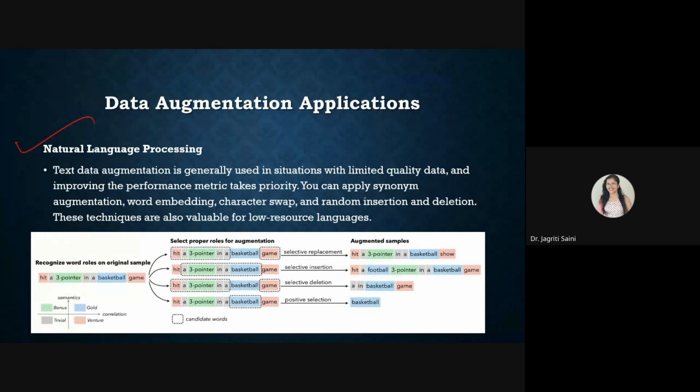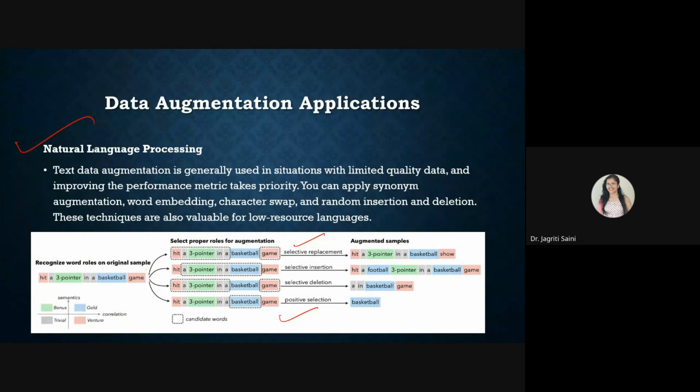It will not always be slicing, or we cannot always say that zoom, etc. will work. For images, those techniques are fine. But when we are talking about natural language processing and need to generate more data set, the techniques may be different. Here, we are doing some replacements, insertions, deletions, or positive selections out of your data.